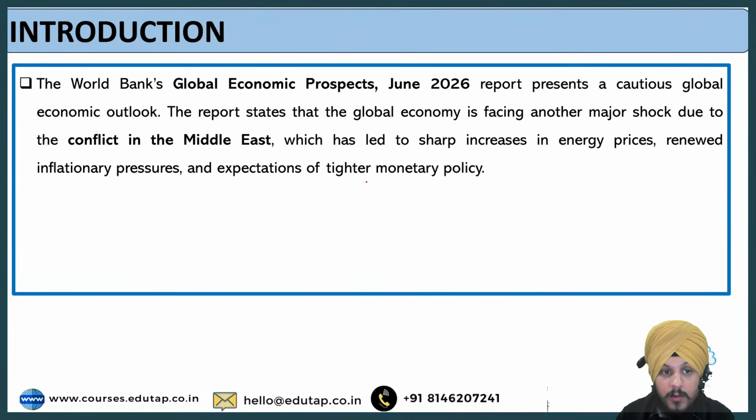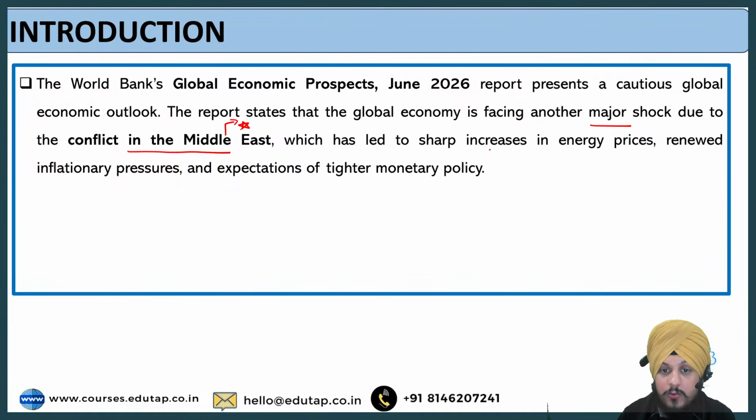The World Bank's Global Economic Prospects report, June 2026, presents a cautious global economic outlook. The report states that the global economy is facing another major shock due to the conflict in the Middle East. We all know what problems are occurring in the Middle East, and because of this the entire global economy is showing disruption, and yes, it is going to have an impact on India too, which we are going to discuss later on.